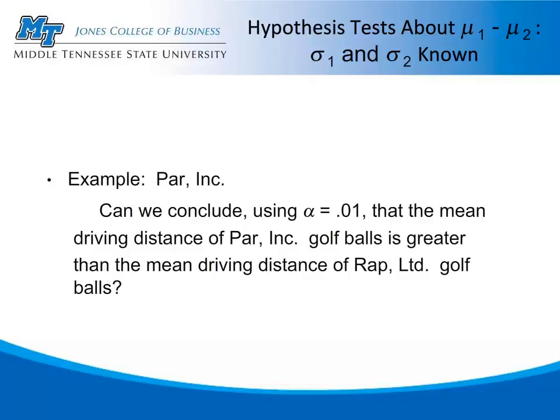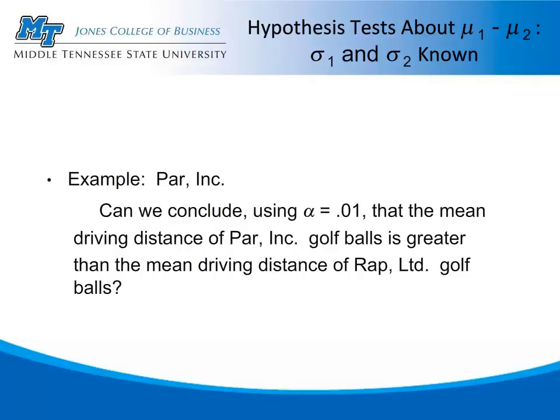Now once again, we're going to set up the par as group number 1 and the wrap as group number 2, and we're trying to show at the 0.01 level of significance that the mean driving distance of the par golf balls is greater than the mean driving distance of the wrap golf balls. Now mu1 is the population value for par. We don't know what it is, but we just call it mu sub 1.